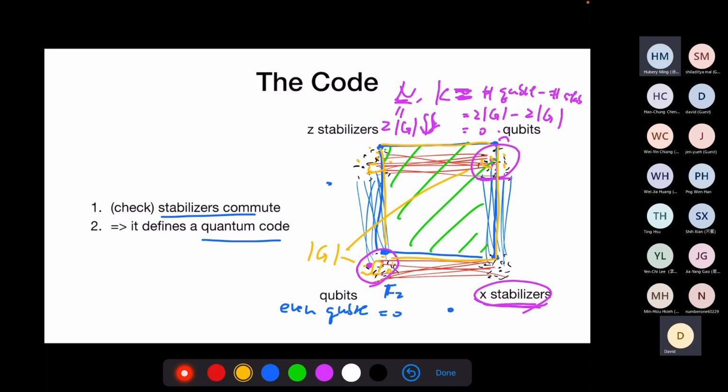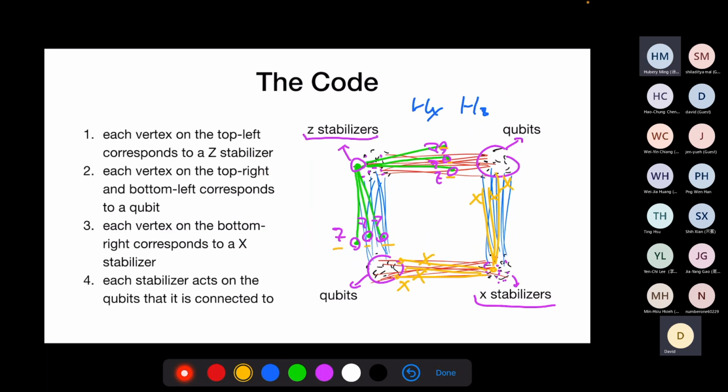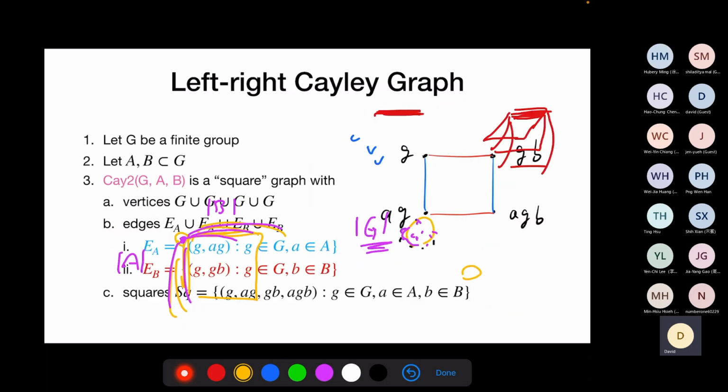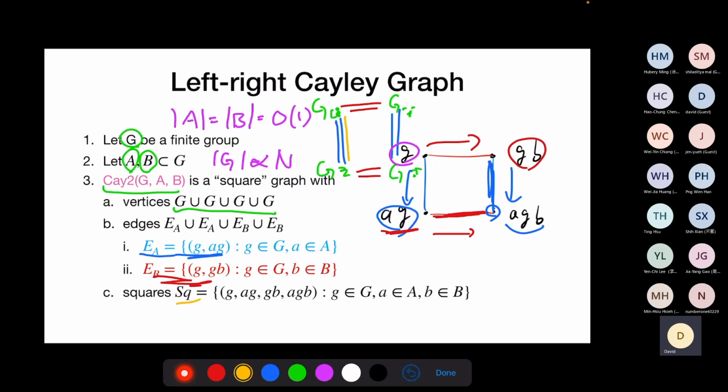I guess what you're thinking is that the whole thing has size g. But in the construction, I copied g 4 times, so each part has all the elements inside g, and all the elements of g appear in one of the corners. Okay, that makes sense. Thank you.